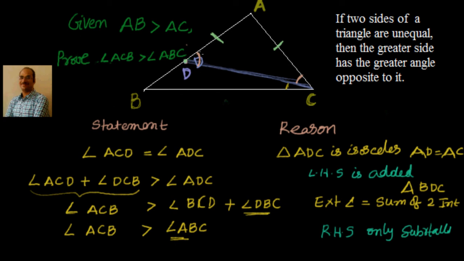But angle ADC I can write as the sum of the remaining two interior angles, angle BCD plus angle DBC. Now 12 is greater than 9 plus 3, so 12 should be greater than 9, because we are subtracting only from the right hand side. And DBC is actually ABC. That's how we have proven that angle ACB is greater than angle ABC.